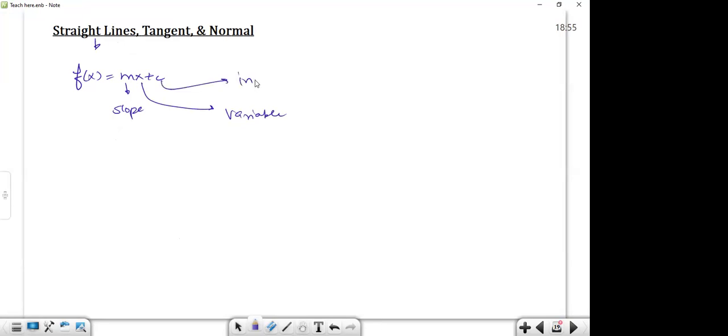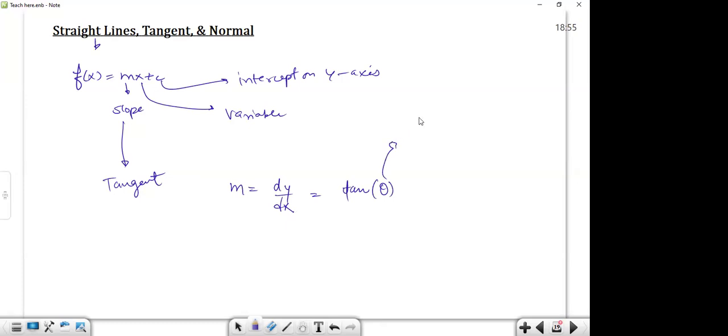And this is the intercept on the y-axis. So here the slope is known as a tangent also. And we can also find the slope using dy by dx, or we can take the tangent of theta.